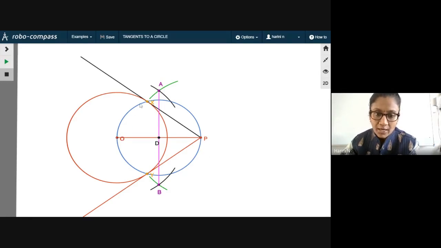So OXP will definitely be equal to 90 degrees because it is the angle in the semicircle. Now that is the angle between the radius OX and PX, the tangent of the original red circle. Because the angle is 90 degrees using our property of angle in a semicircle, we are able to justify that PX is the tangent to the circle, because only the tangent will make 90 degrees with the radius. Clear? This is the justification you have to give.